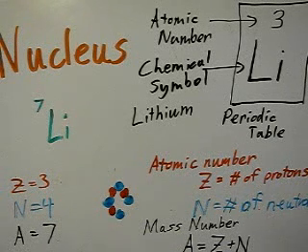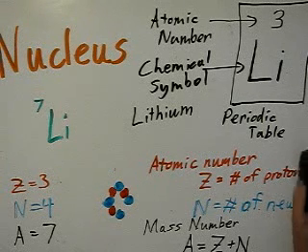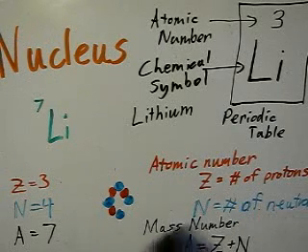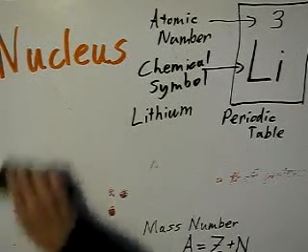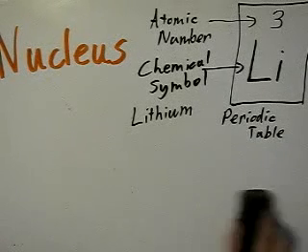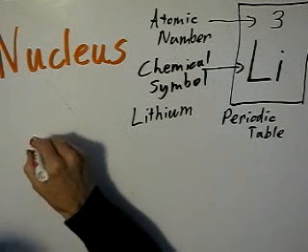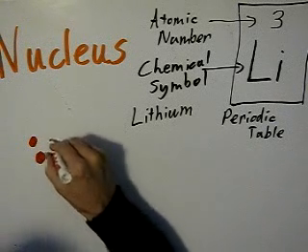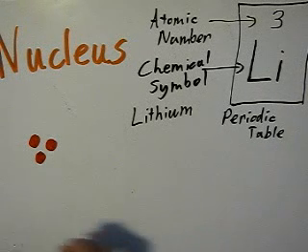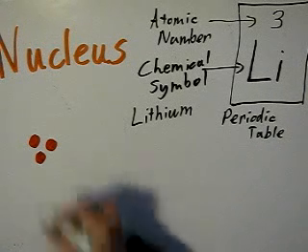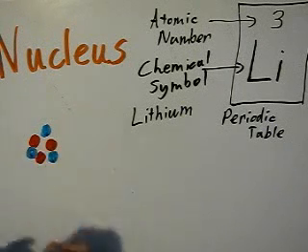Now, there are other types of lithium nuclei, so let me give you another example of that. Suppose instead of this, I was to change the number of neutrons. So let's make another lithium atom. Here, I'll have one with 3 protons and only 3 neutrons: 1, 2, 3 neutrons.